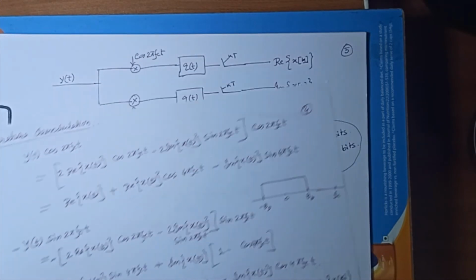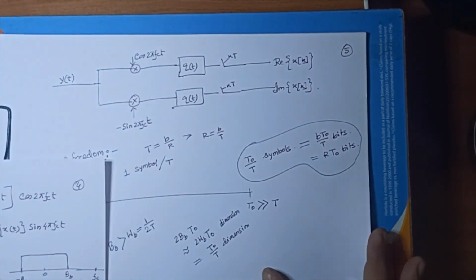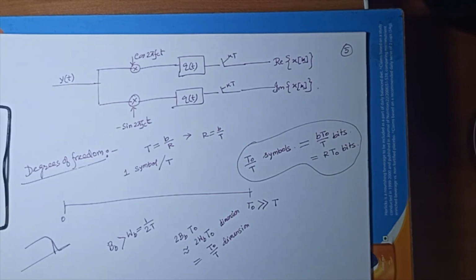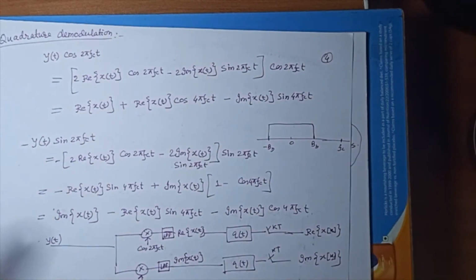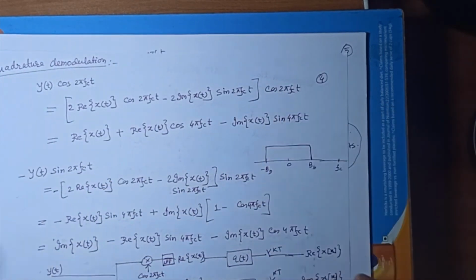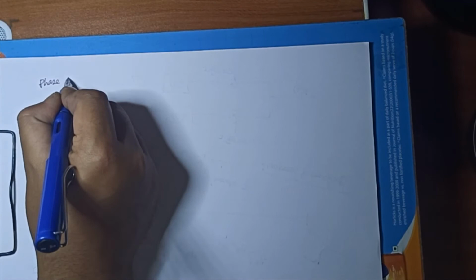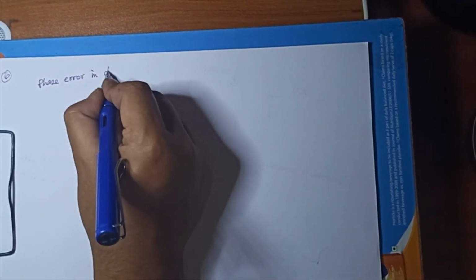What happens to the constellation if the phase here is not exact? Let me tell you. What is our demodulation equation? Quadrature demodulation equation. Suppose this is not 2 pi fct. Let me write down fresh. Suppose there is a phase error in demodulation.